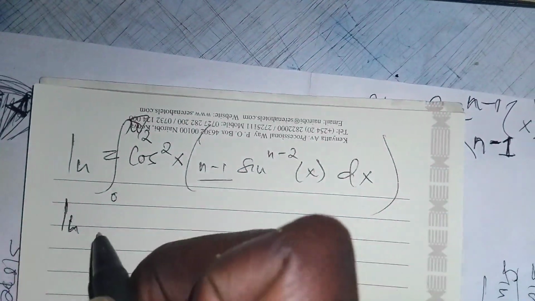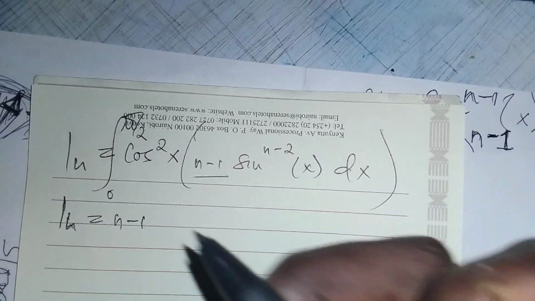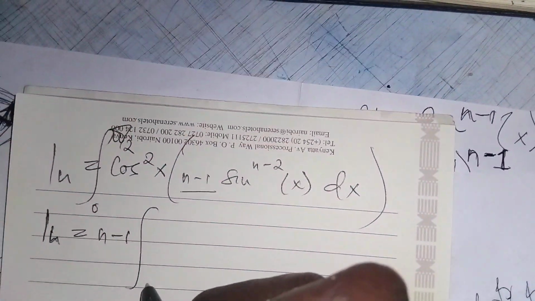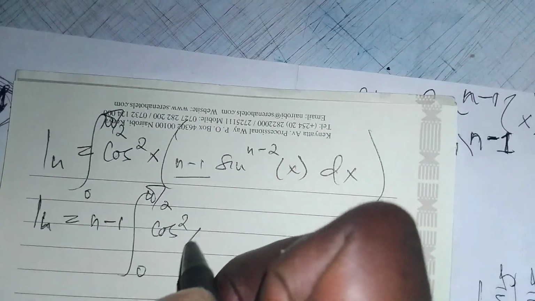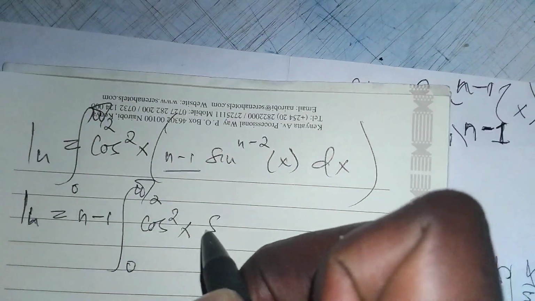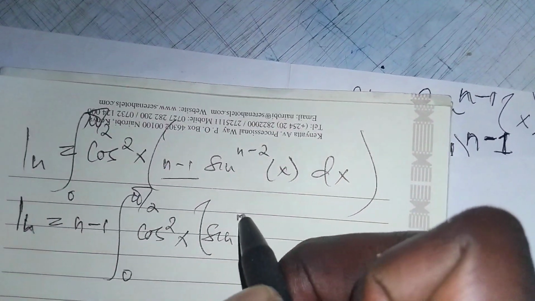This one is a constant, so n minus 1 comes outside, then the integral from 0 to pi radian over 2 of cos squared x times sine n minus 2 dx.